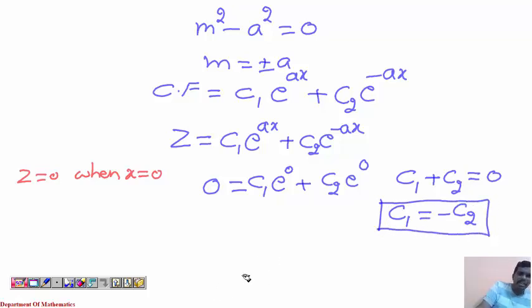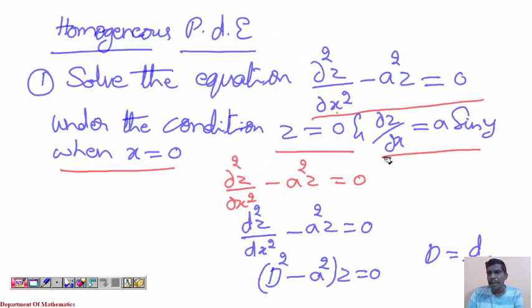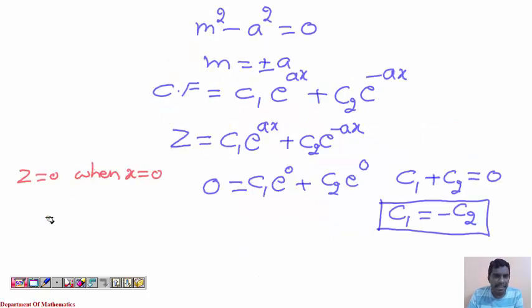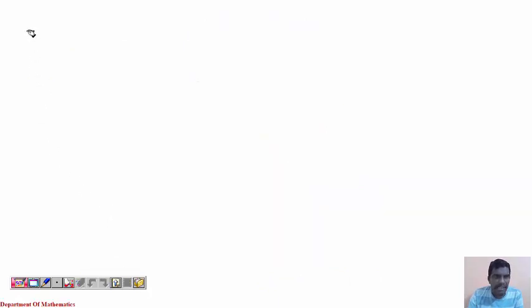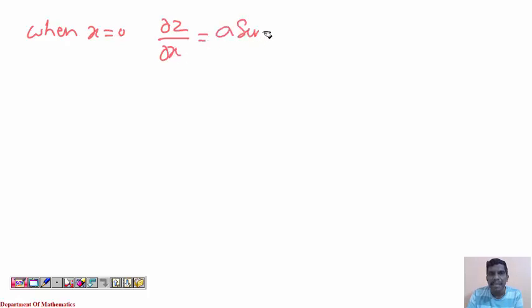The next thing is, we have one more condition, that is ∂z/∂x is equal to a sin y when x is equal to 0. That we consider as the second condition. For condition 2, when x is equal to 0, ∂z/∂x will be equal to a into sin y.